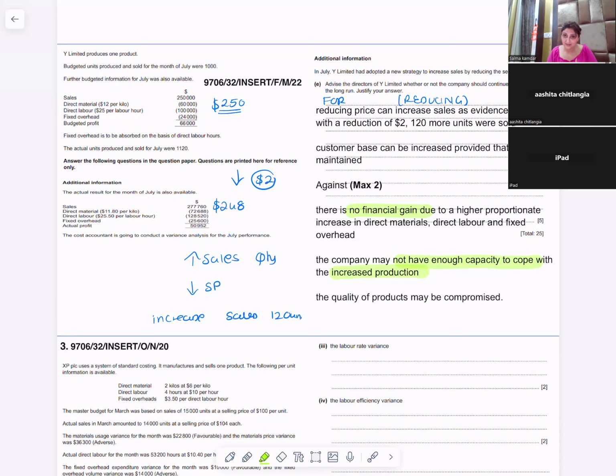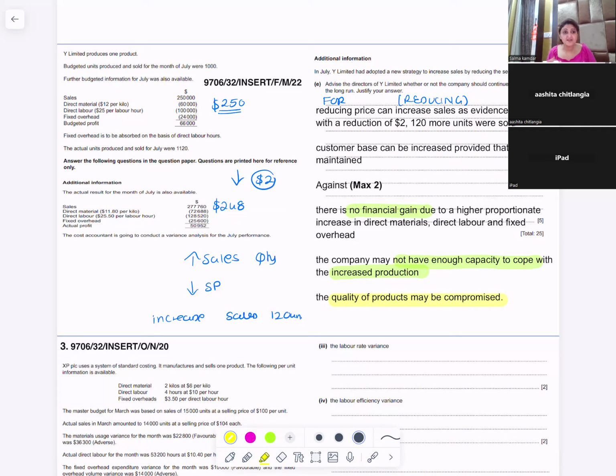Another thing against reducing the selling price: because you're reducing the selling price, you will try to reduce your material cost and your labor cost. If you switch to cheaper material, the quality of the product may be compromised.